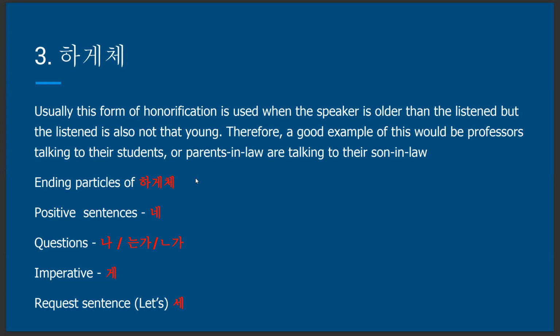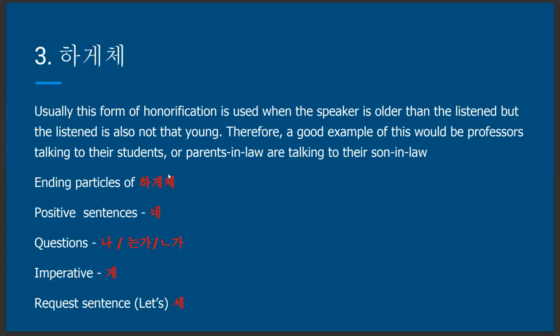Your professor might use this level of honorification to you. Of course, students might be young, right? But this is usually for students who are also in their 30s maybe or late 20s. And the professor will talk to you using this level of honorification.